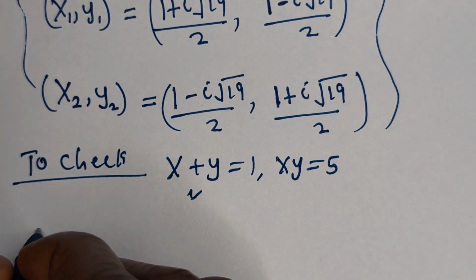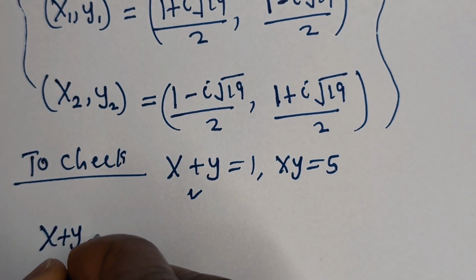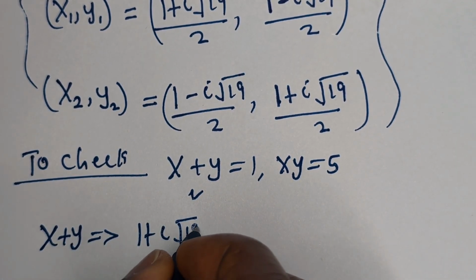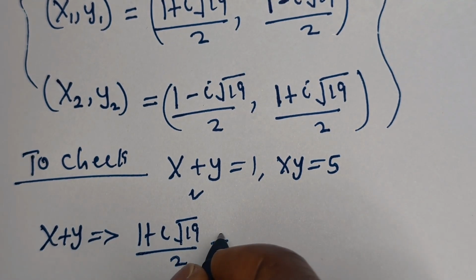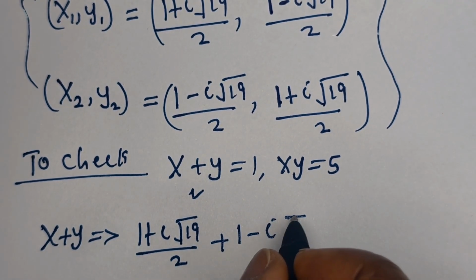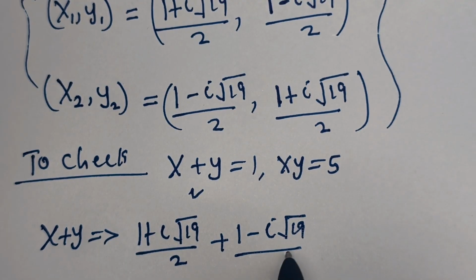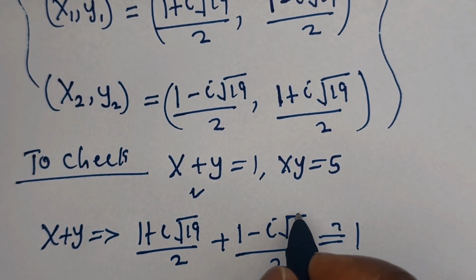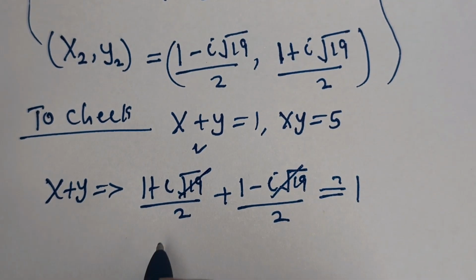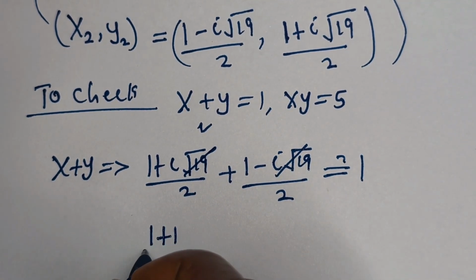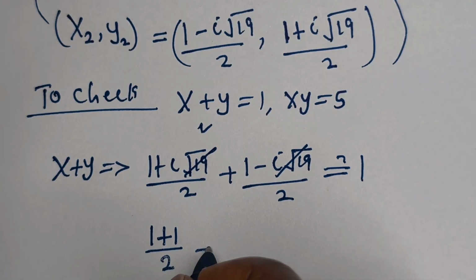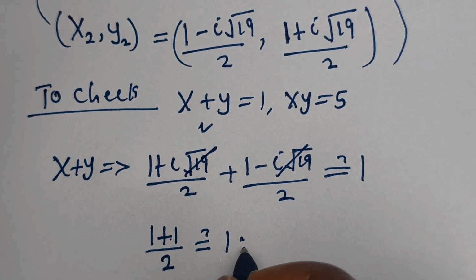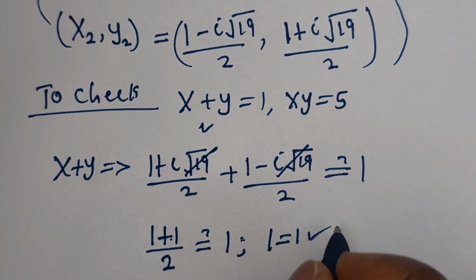We have s plus y, this is 1 plus i root 19 over 2 plus 1 minus i root 19 over 2 must be equal to 1. Then we cancel this, the LCM is 2 here. We have 1 plus 1 over 2 must be equal to 1. And 1 plus 1, this is 2 divided by 2. We have 1 is equal to 1, which is true.